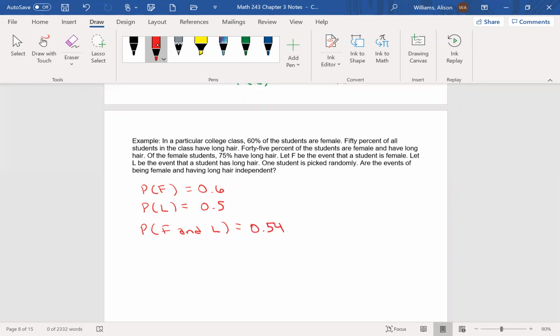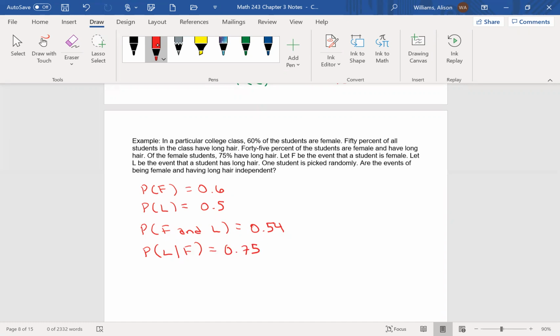Of the female students, 75% have long hair. Now, that is a condition. So they're talking about only looking at the female students. Of those female students, how many of them have long hair? That is this condition. So we're looking for the probability that they have long hair, given that we're looking only at the female students. So that is 0.75.